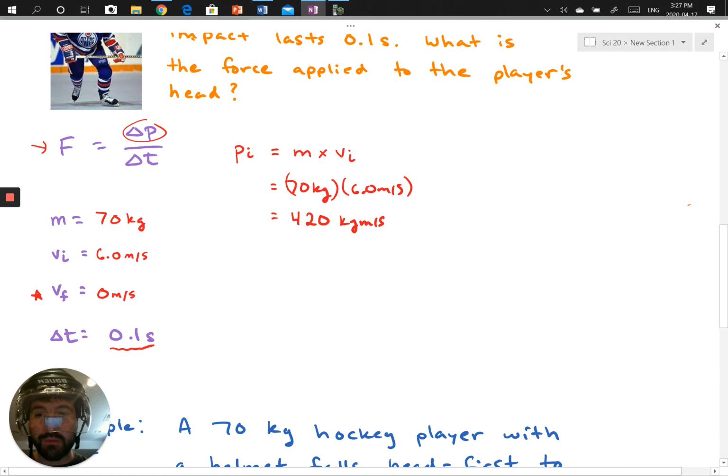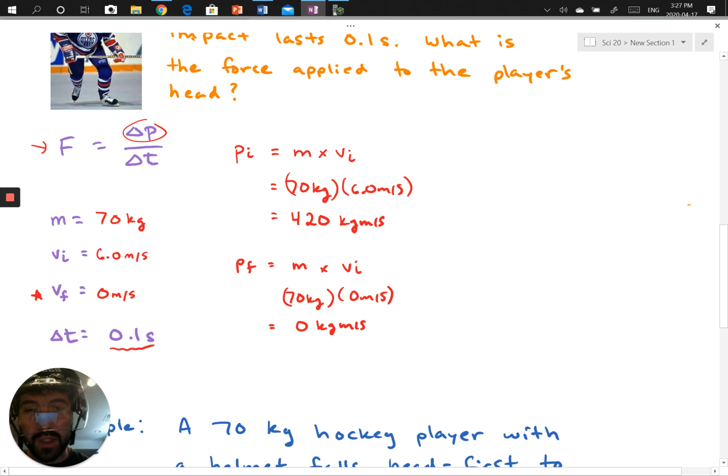So that's how much momentum the player has as he's falling towards the ice. Now my P final, we'll calculate it, but I think we know what it's going to be. If he has zero velocity, his momentum is going to be zero. So it's 70 kilograms multiplied by 0 meters per second, which is 0 kilogram meters per second. So that's my P final.